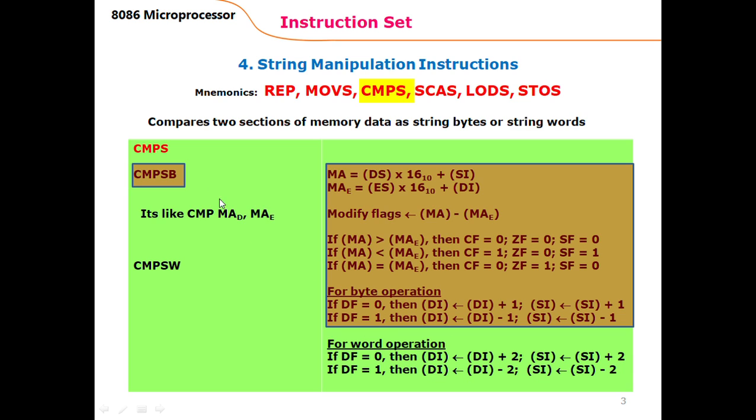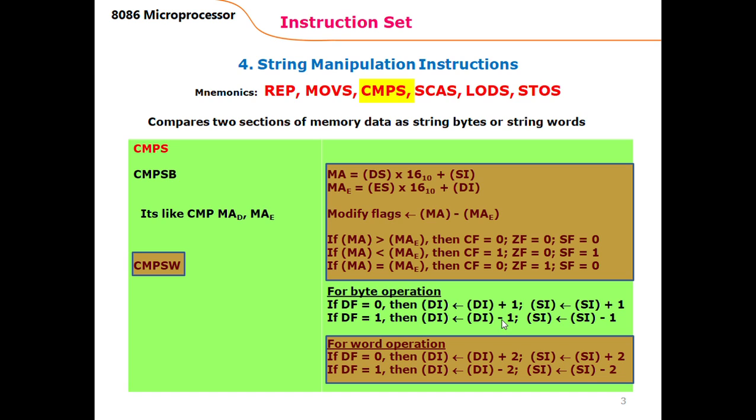As one byte has been compared, the DI is incremented by 1, SI is incremented by 1, and if the direction flag is 1, then DI is decremented by 1 and SI is decremented by 1. So depending on the direction flag at the time when this instruction is being executed, either the auto increment mode is used or the auto decrement mode is used.